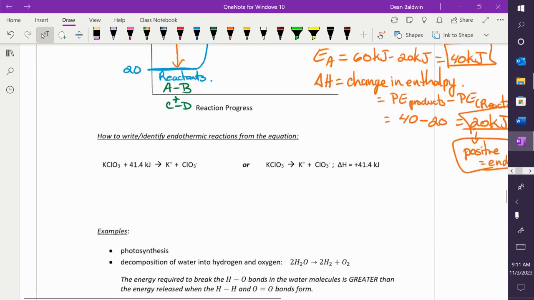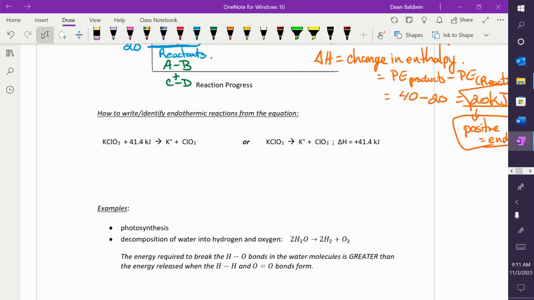In a chemical equation, there are two ways to represent that. You can put the energy in the equation, in which case it's positive. We know we have to add energy, so it's on the reactant side.